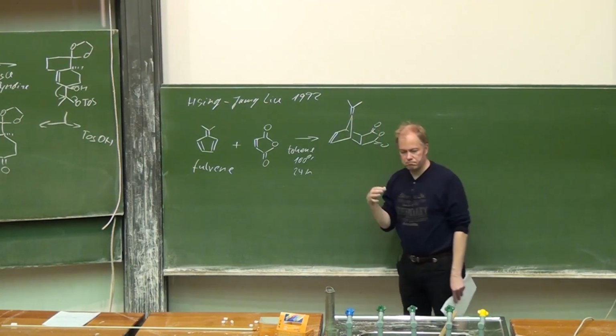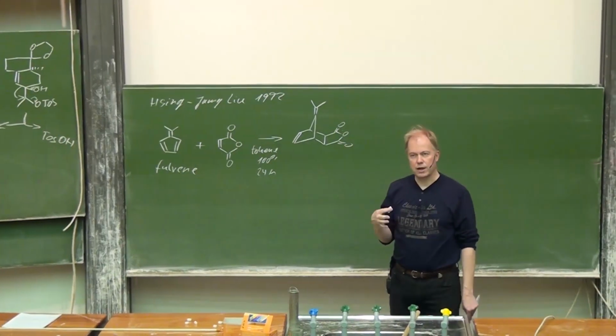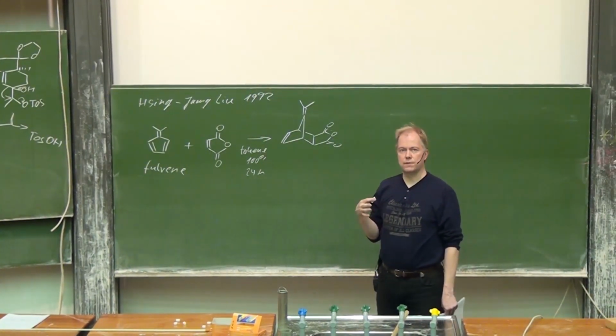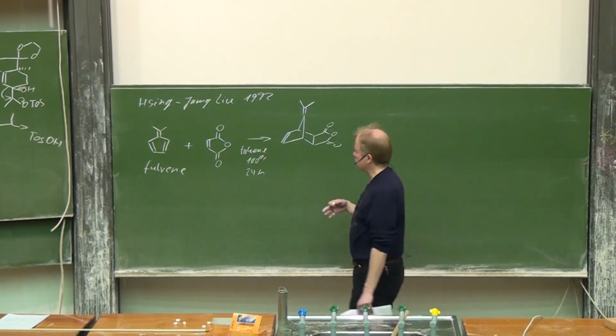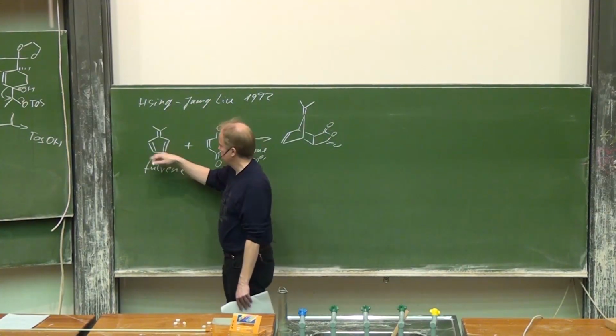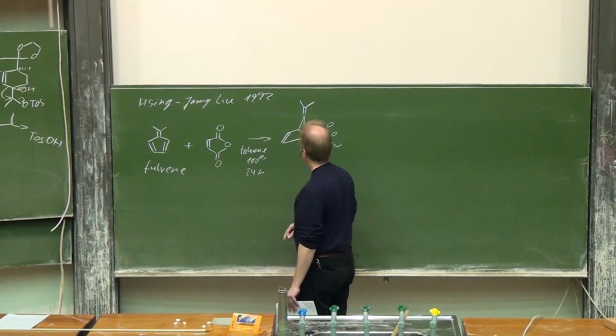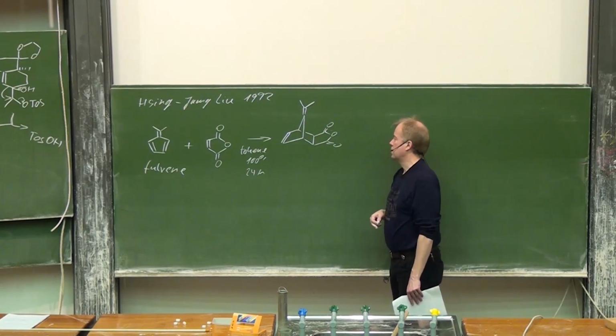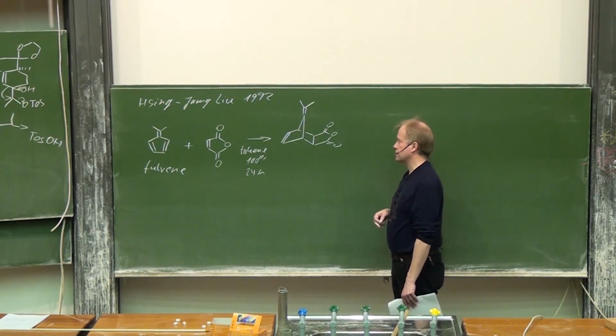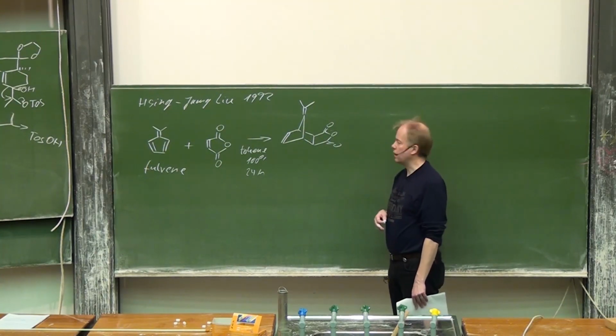You know, the endo product is a result of secondary orbital interactions with the electron density of the diene. Well, here we have also some additional electron density, an electron-rich part.